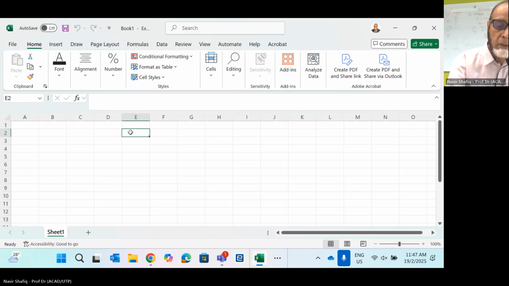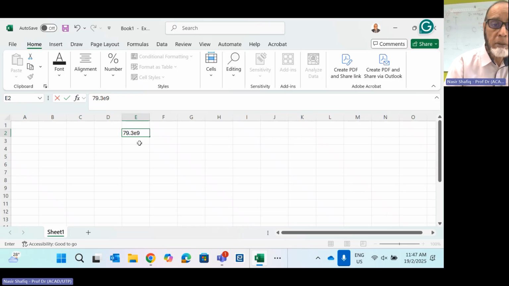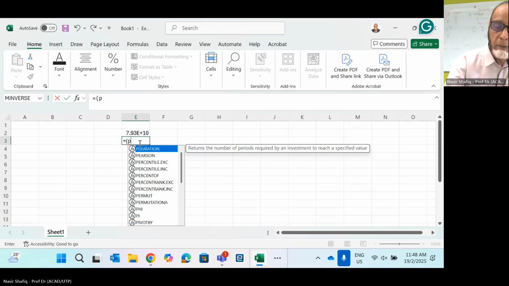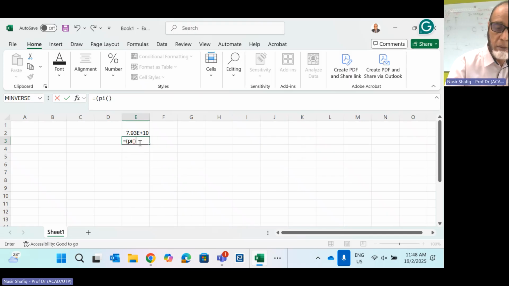Seventy 9.3 E9, right? And J is equal to pi by 2 into 0.025 to the power 4.